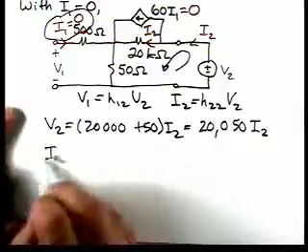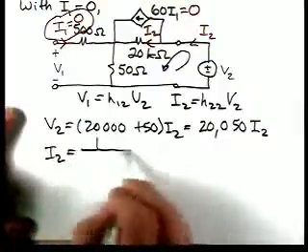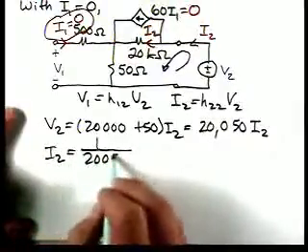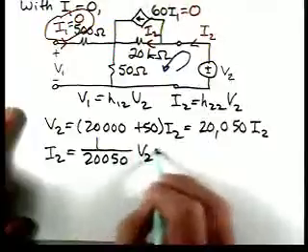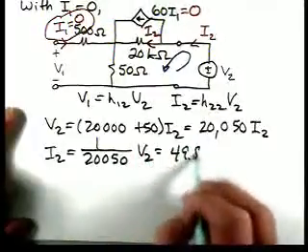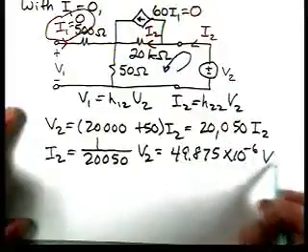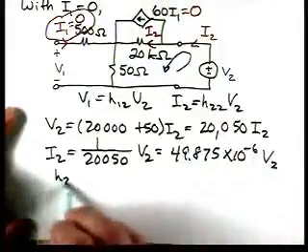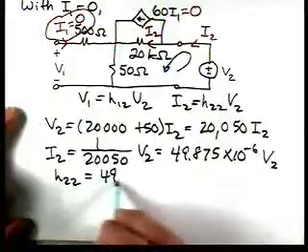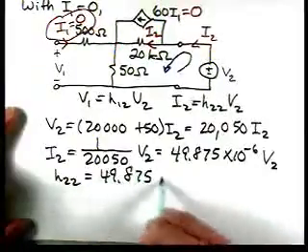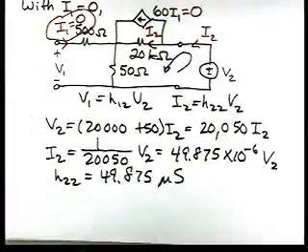So then I2 is 1 over 20,050 V2, which is 49.875 times 10 to the minus 6 V2. So H22 then is 49.875 microsiemens.